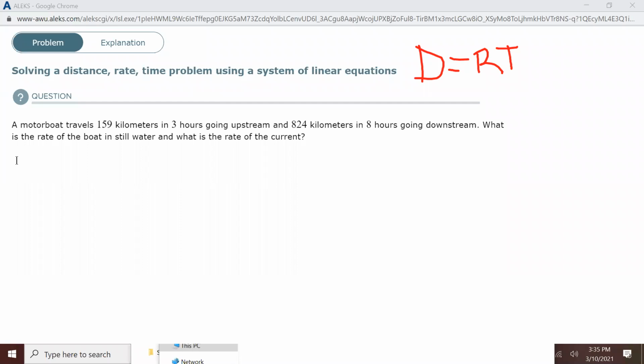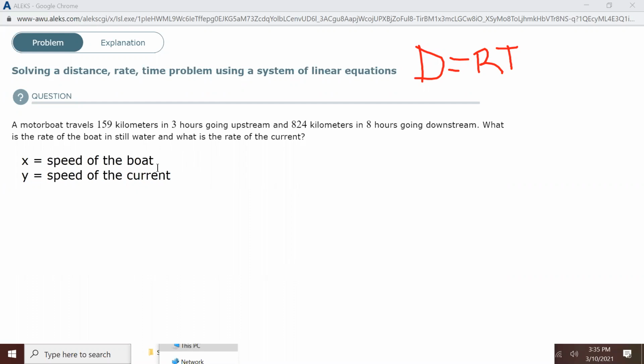Since we are being asked to find the speed of the boat and the speed of the river, I will make x the speed of the boat and y the speed of the current or the river.